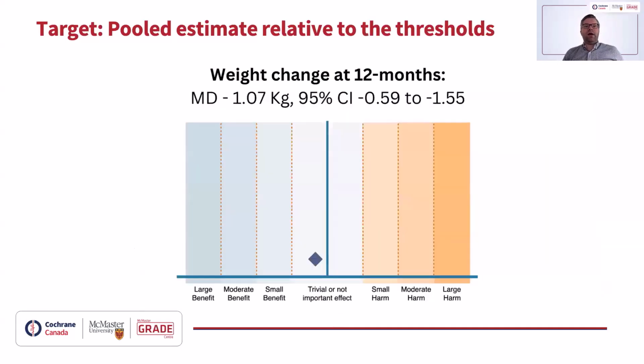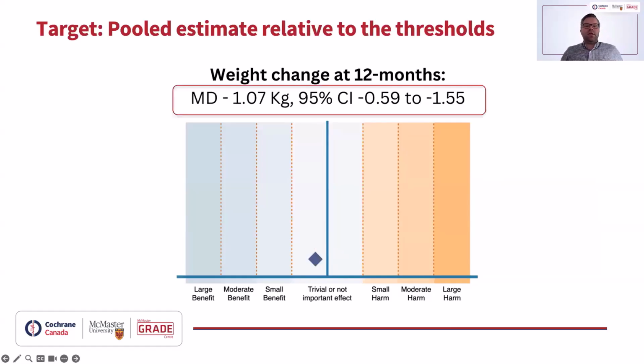Likewise, we can have our pooled estimate be for a continuous outcome. So here, our target may be determining whether the true value of the effect lies within that range of a trivial or not important effect. For example, for the outcome of weight change, which is measured as a mean difference in kilograms and has the associated 95% confidence interval.